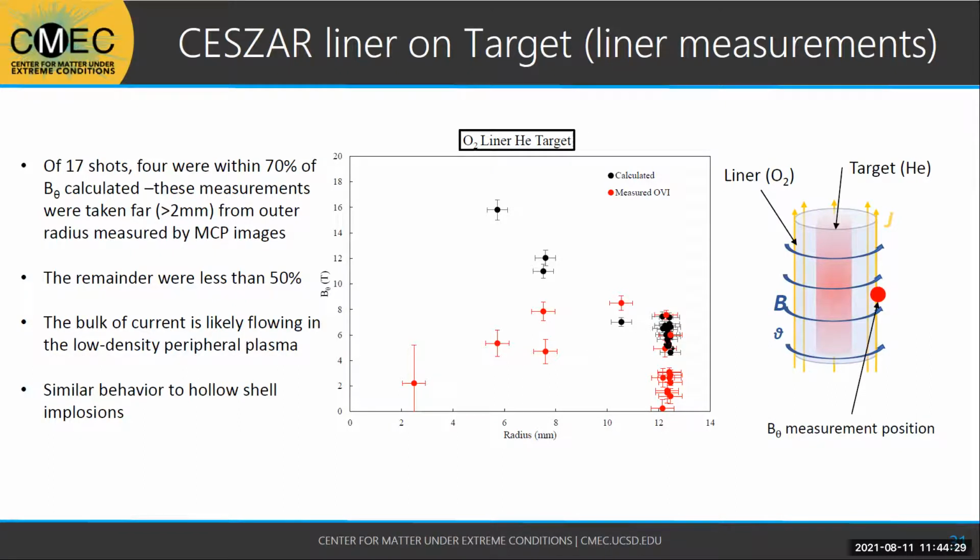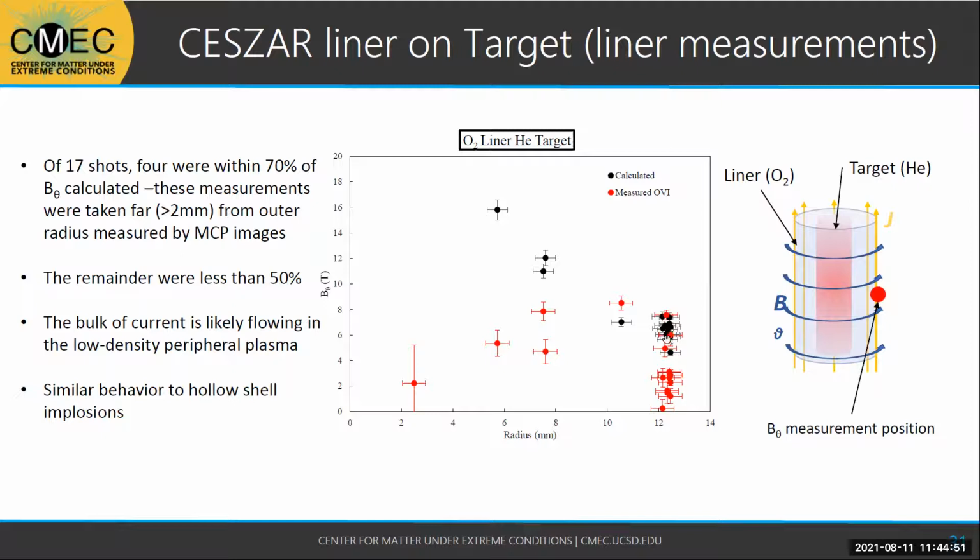And even in the cases where it was reaching what we expect, the data collected from these are actually from the oxygen 6 emission, which is pretty far removed from the plasma. You can see this is out here at like 12 millimeters.